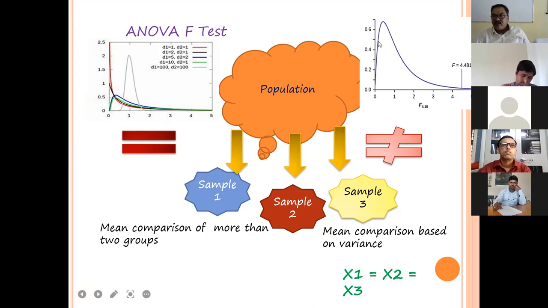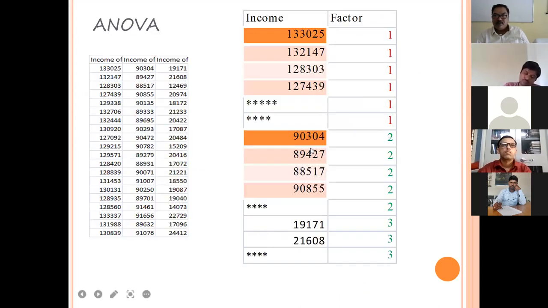In most books you see this as the F distribution, but the F distribution may have different shapes, like the red one going very high and coming down.